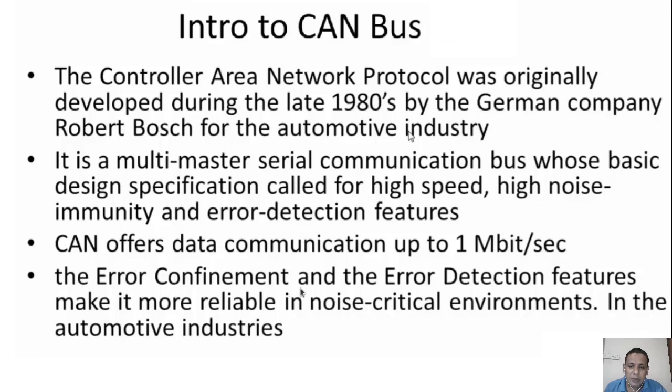The error confinement and error detection features make it more reliable in noise-critical environments in the automotive industry. Normally the engine compartment will be highly noisy, so many things are working, and the temperature is also very high. So there is a very good error detection and correction mechanism in the CAN bus.